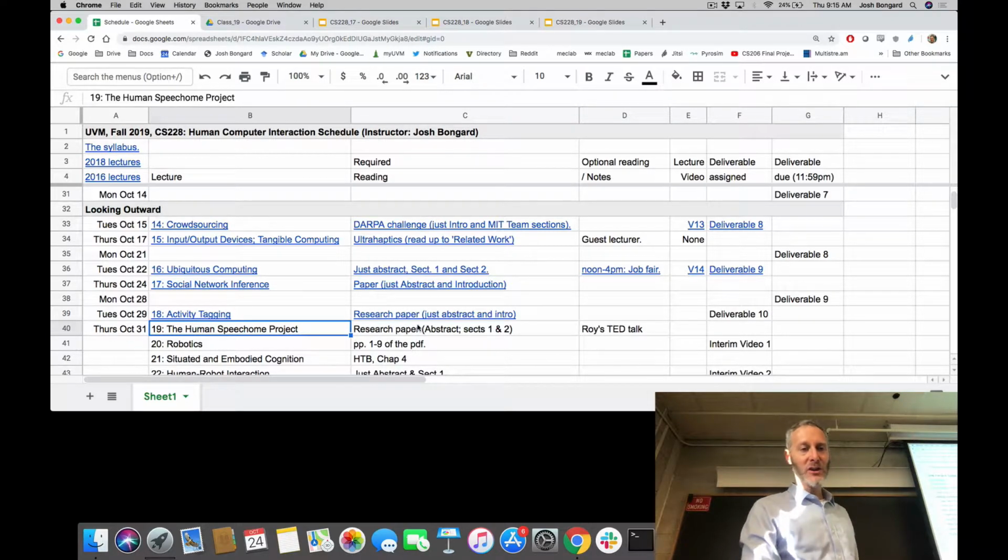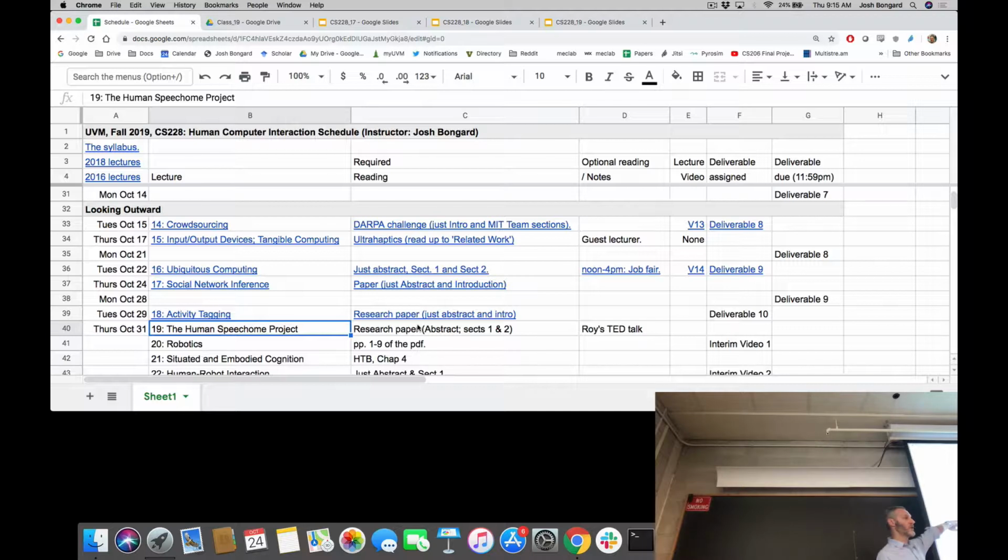We're going to look now at the Human Speechome Project. So we looked at inferring something about social behavior among a group of graduate students. We just looked at inferring something about social and physical well-being for an individual wearer. We're now going to look at a completely different domain, which is how do children go about acquiring language?